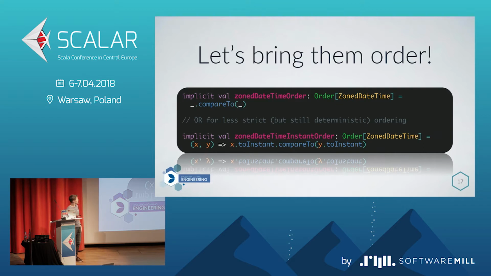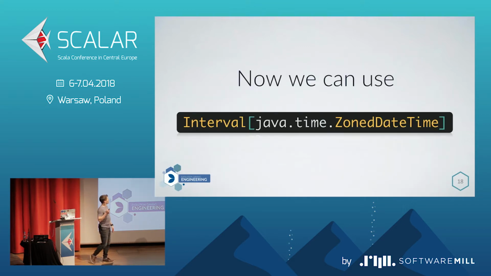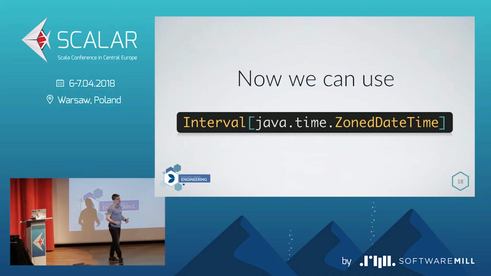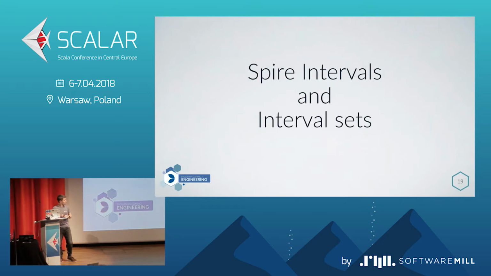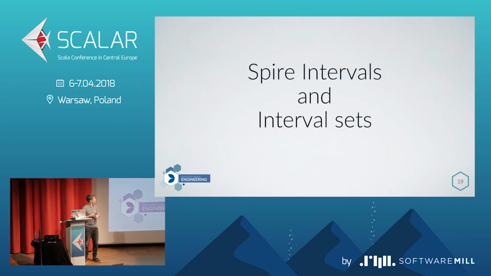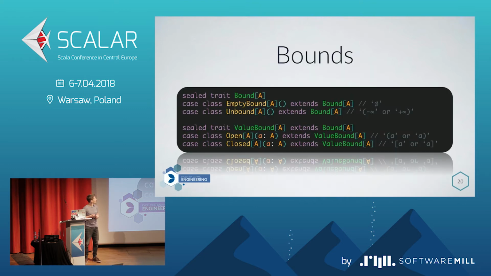Given these instants, we can now use intervals for time, and this opens up quite a lot of possibilities. So let's not wait and dive into the Spire API for intervals and interval sets.